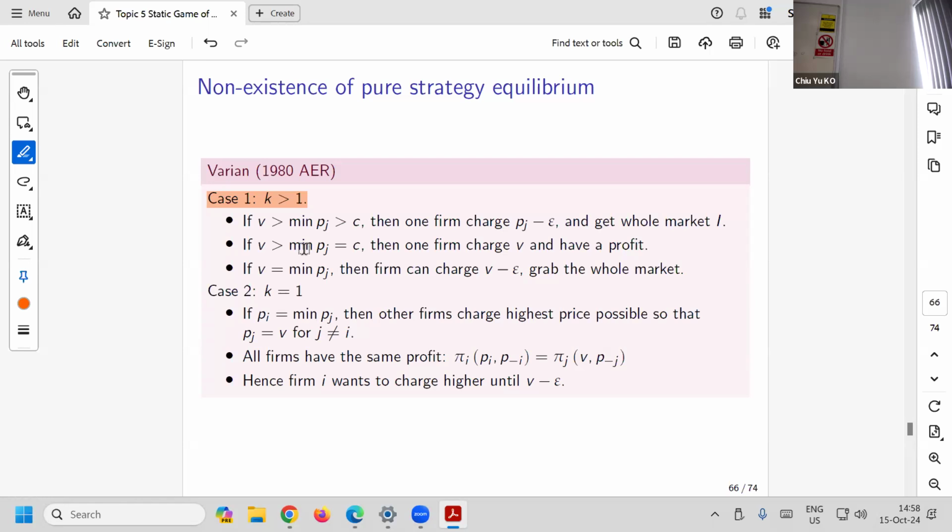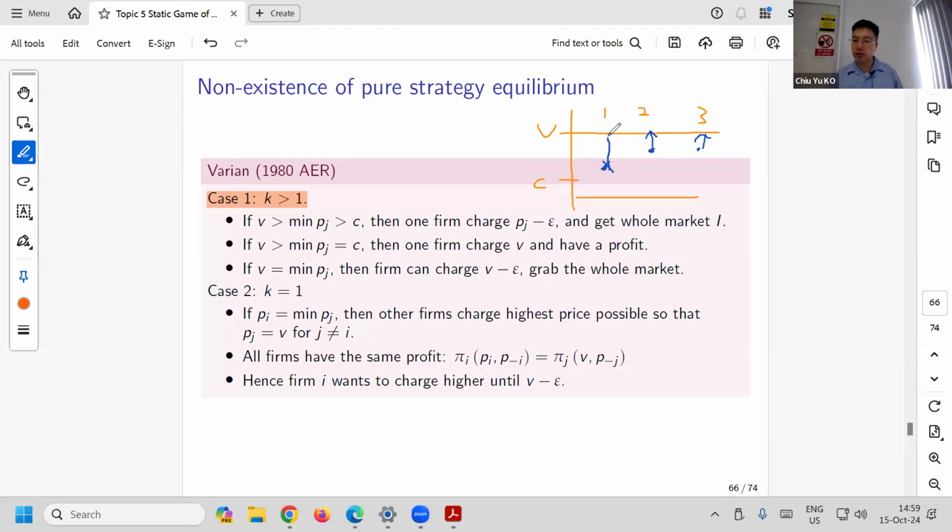So the idea is like this. Consider firm 1, firm 2, firm 3, where the maximum price is V and the minimum is C. If the other firms are somewhere here and firm 1 is here, firm 2 must go to V, because it is sure not to get anything from the shared market. Then firm 1 wouldn't stay here; it wants to increase.